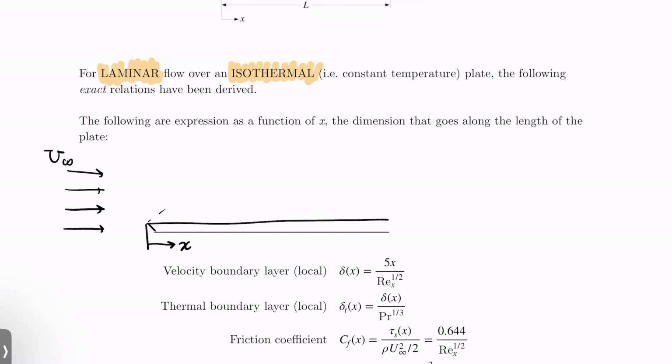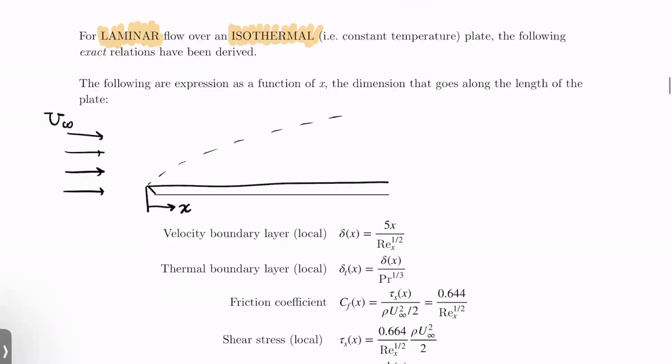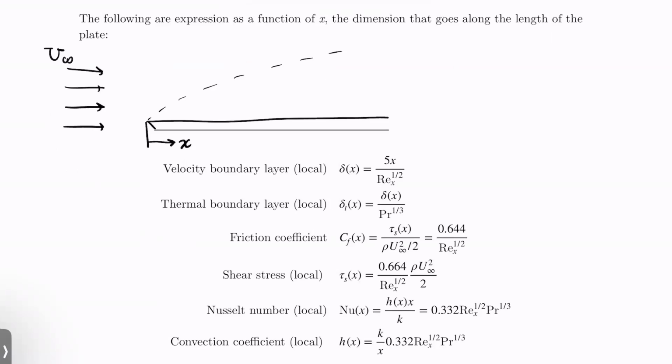We're going to end up with this laminar boundary layer there. Again, the setup is flow over a flat plate. The flow is laminar and the plate has a fixed isothermal temperature.